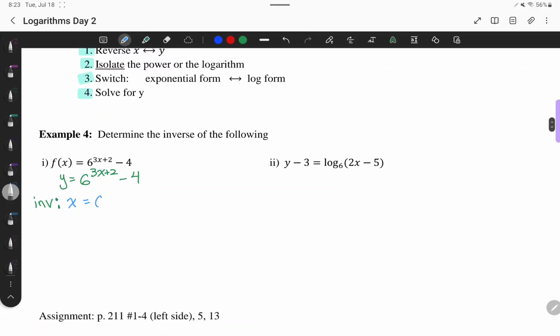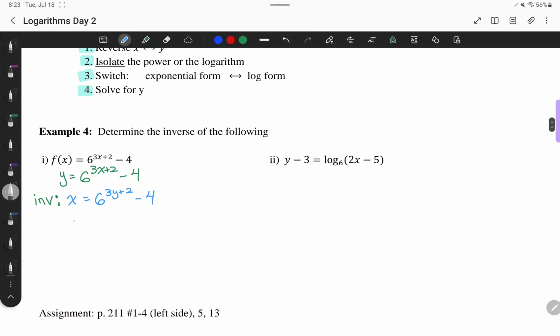So x equals 6 to the power of 3y plus 2, minus 4. Now when we write the inverse, we need to isolate y and write it as y equals. Right now that y is in the exponent. That's why I need to change it to a logarithm. So let's start off by isolating that term. I'll add 4 to both sides. x plus 4 is equal to 6 to the power of 3y plus 2.